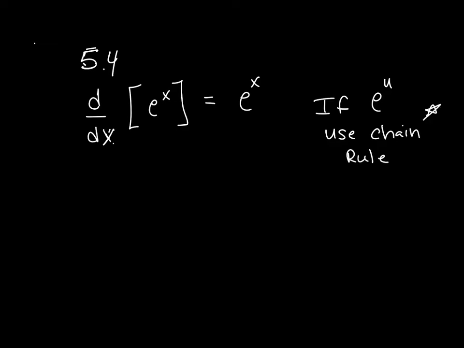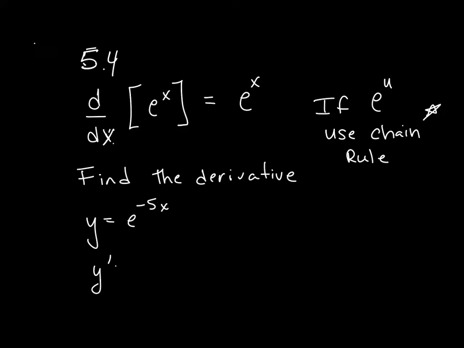All right, so what I mean by that is, if I ask you to find the derivative of y equals e to the negative 5x, that really just equals e to the negative 5x, and then use the chain rule and multiply that times negative 5.